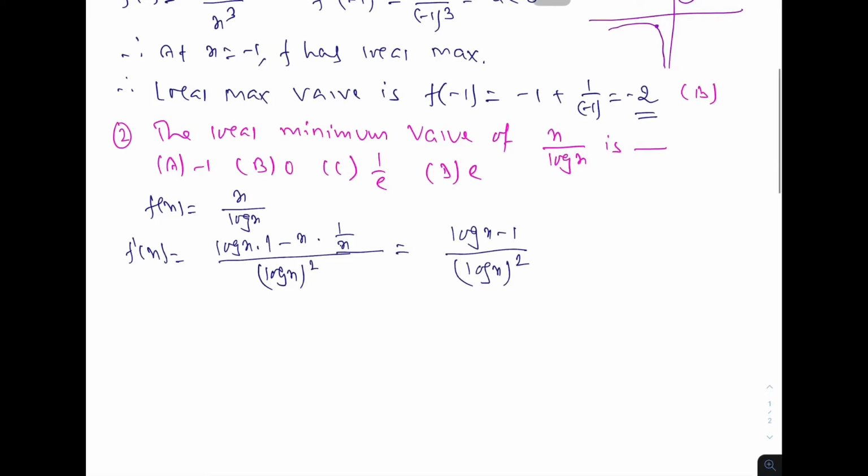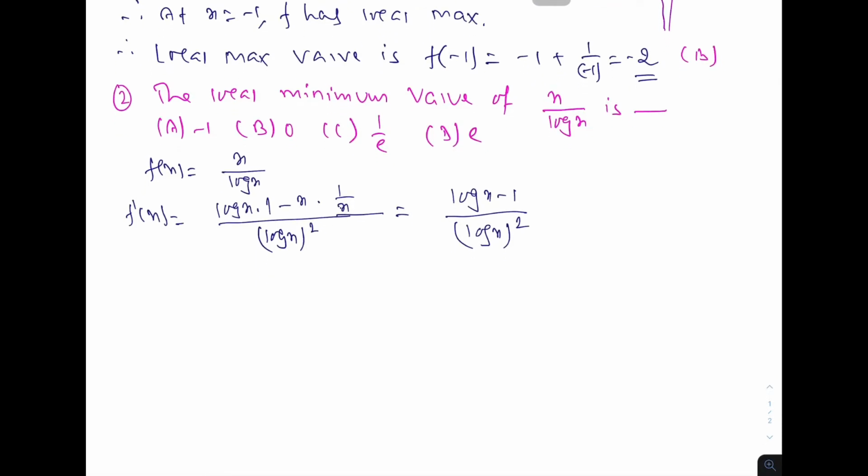This is our first derivative. Now first derivative 0 will imply log x minus 1 is 0, that means log x is 1 and log is base e, so x equal to e power 1 and so equal to e.